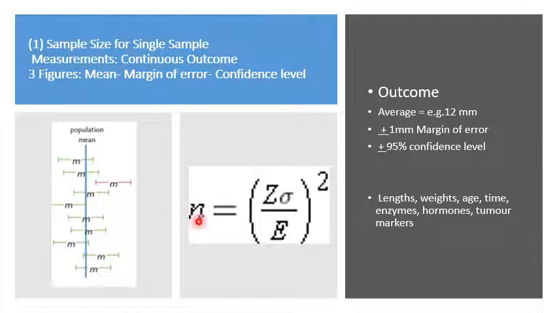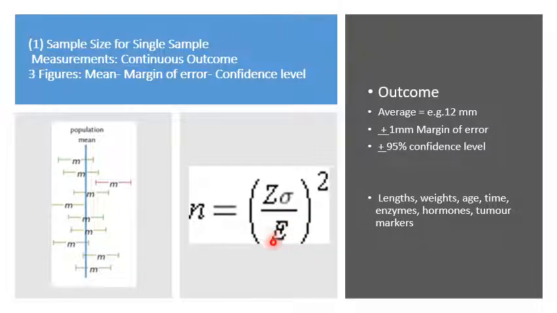The number required N is related to the level of confidence that we want in our results, the variability of the measures within the group that we know from previous studies, from the literature or from pilot studies, because we have not yet started our own study, and the margin of error that would allow for our measurements.